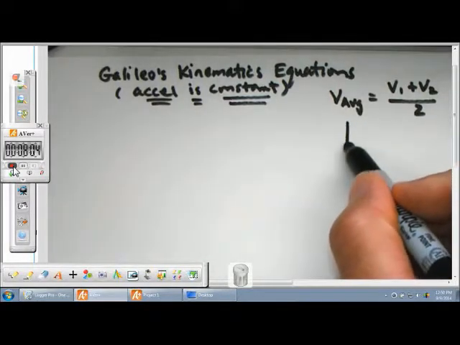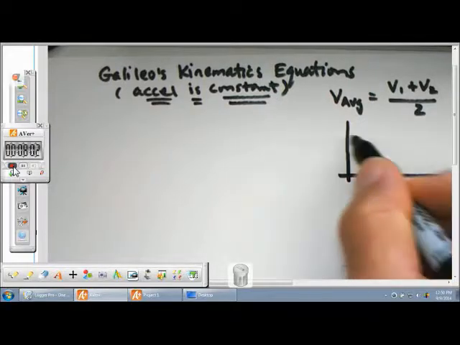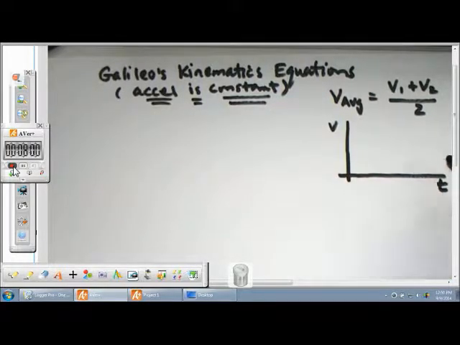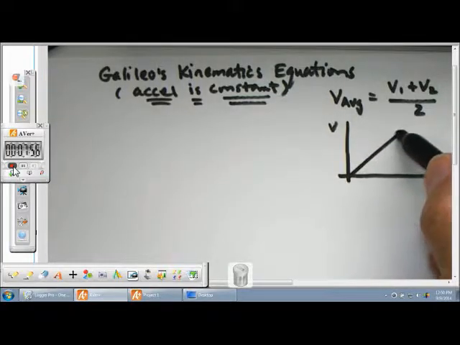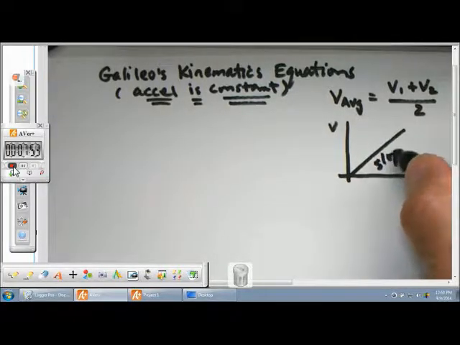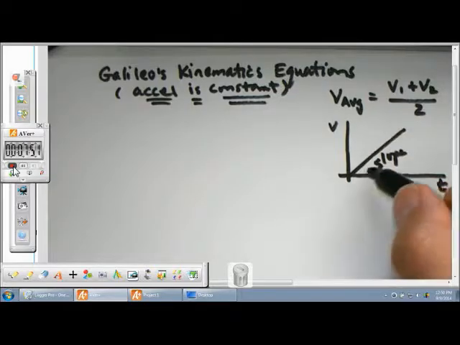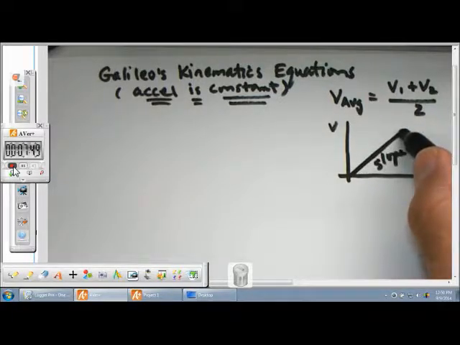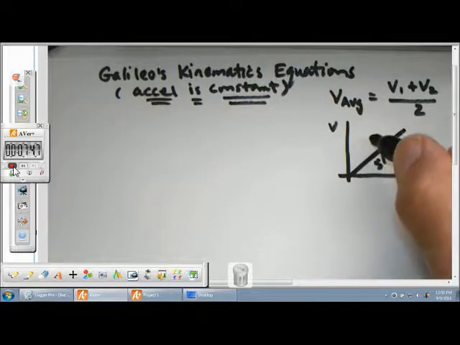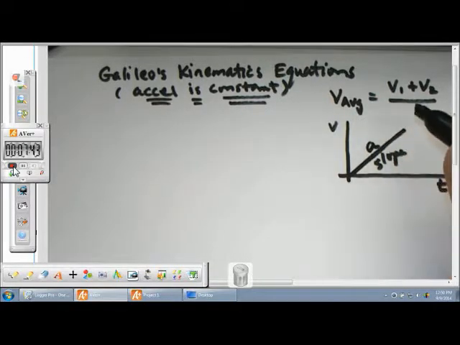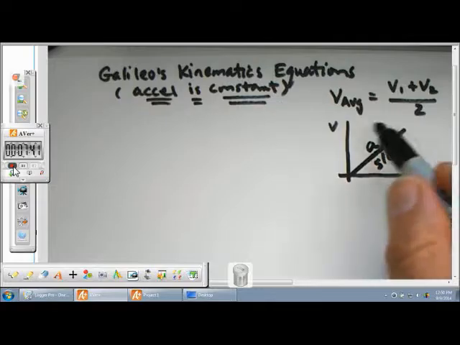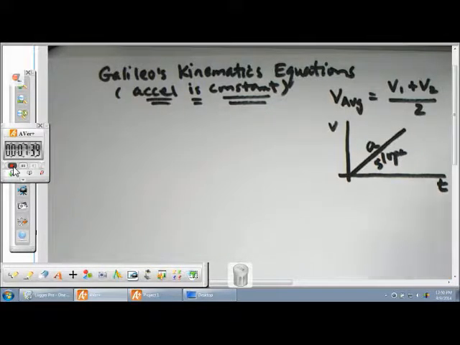Well, if we remember the velocity time graph, the slope of a velocity time graph gives us acceleration. And if the velocity time graph is a nice straight line like that, that means the acceleration is constant. And that fulfills the requirements for Galileo's equations.